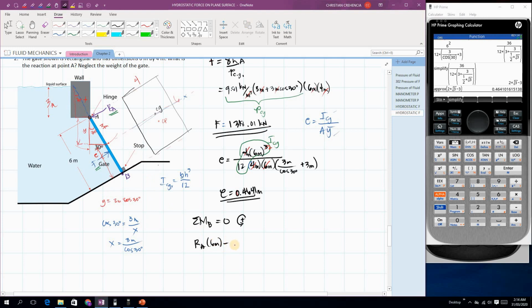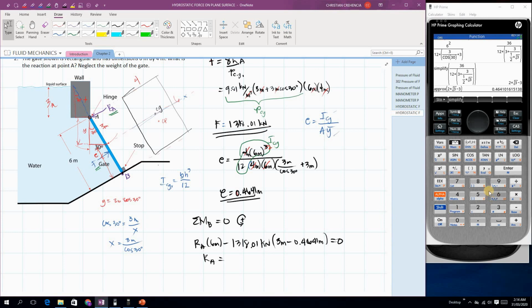So, minus ng force F na 1318.01 kilonewton. Then, yung ating moment arm is, so kalahati is 3 meters, then minus natin yung distance E. Okay, so, ito lang yung kailangan nating distance. So, yung 3 meters, babawasan natin ng distance E na 0.4641 meter. And this is equal to 0. So, pwede na nating solve yung reaction sa point A. So, tatranspose lang naman natin to, no? Papunta sa kabilang side.